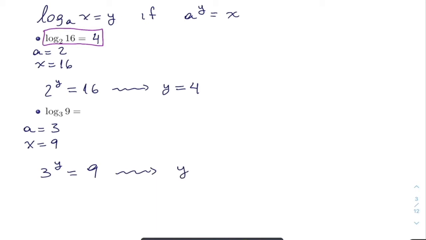From this, we obtain that y is equal to 2. 3 squared is equal to 9. So the answer for our question is y is equal to 2.